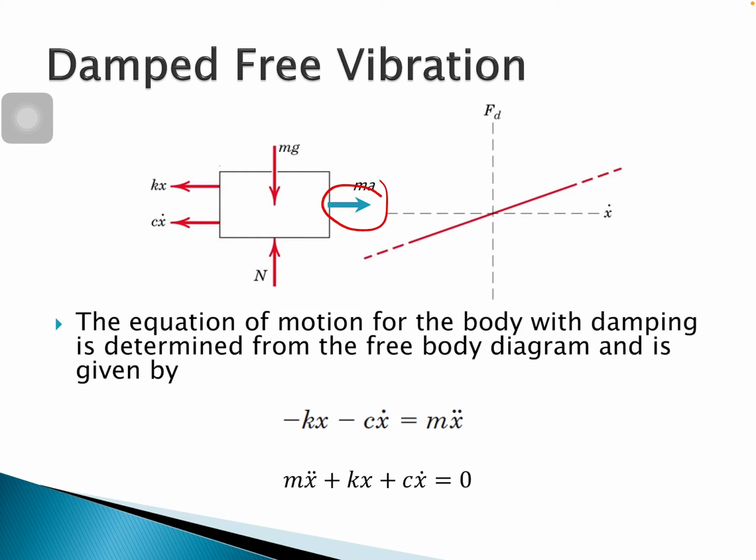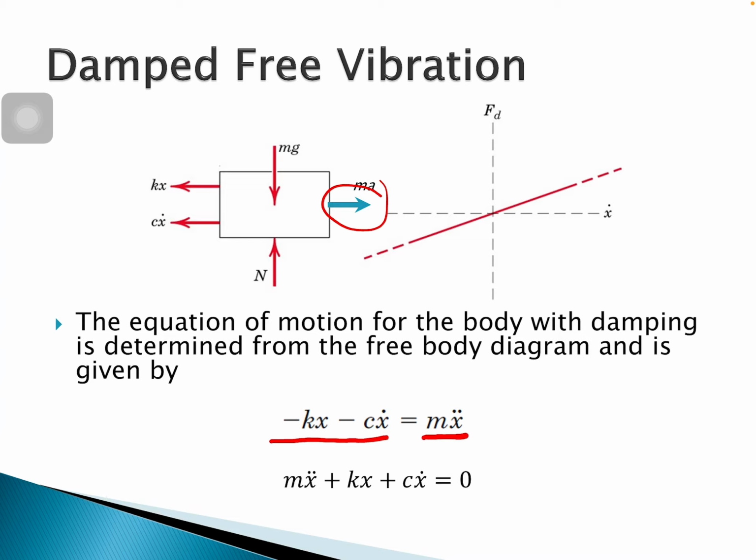From this diagram, we can compare the free body diagram with the kinetic diagram. Again, this is the free body diagram equation. We consider the horizontal direction only, and this is from the kinetic diagram.